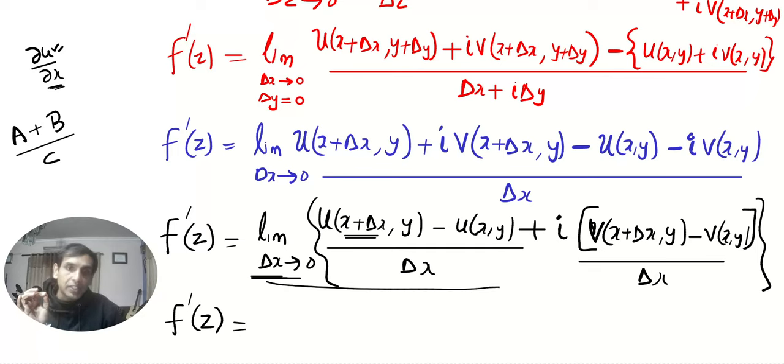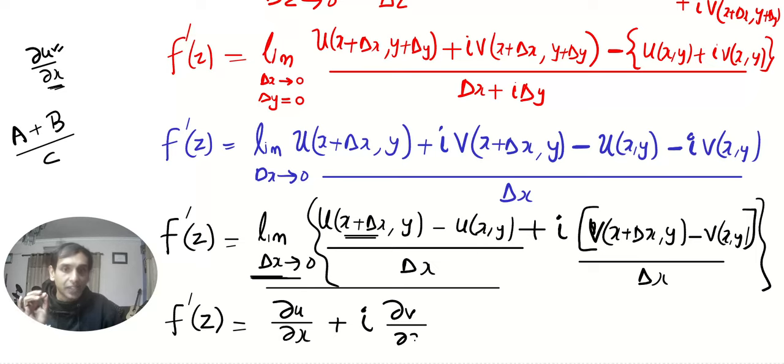So the first part is the partial derivative with respect to x, plus the second part is the partial derivative with respect to x, and I am going to call it equation number 1.